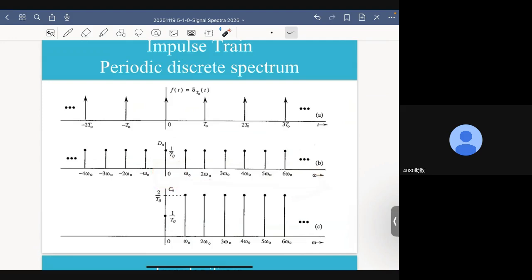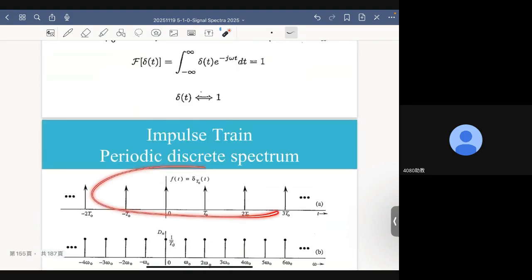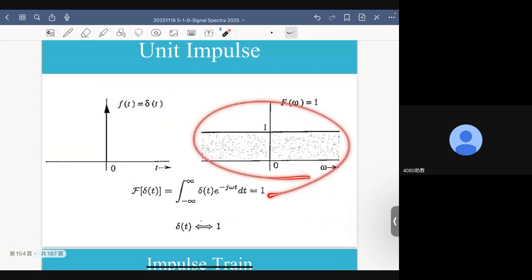But since this is a periodical signal, it does not have a continuous spectrum. Why? Because a periodical signal always has discrete spectra. We saw that in the previous lecture, okay? Probably an hour or more ago, all right?